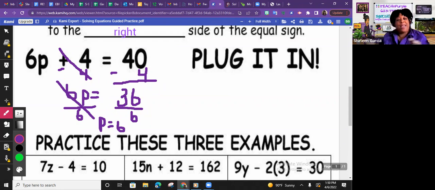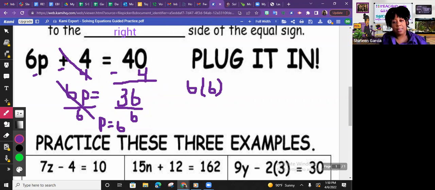The plug it in. You take your variable answer and plug it into your equation. So this is 6. Instead of a P now, we know that the P is representing 6. So when I put that in parentheses, that means multiply. And when you see it standing next to each other, that means multiply as well.